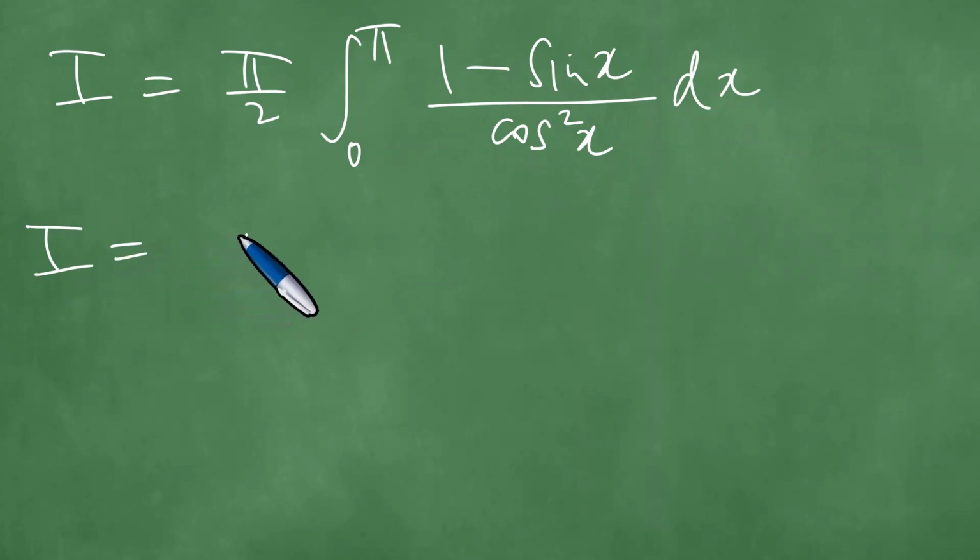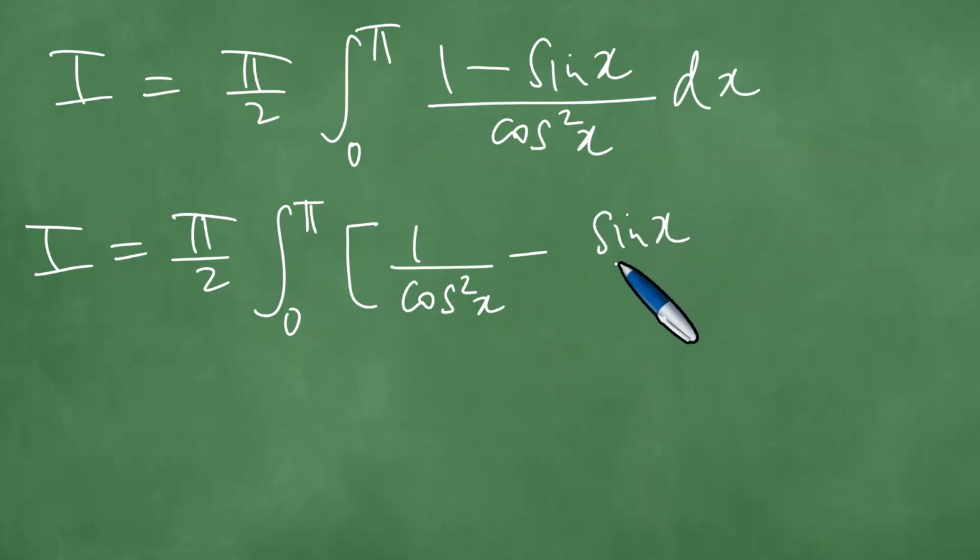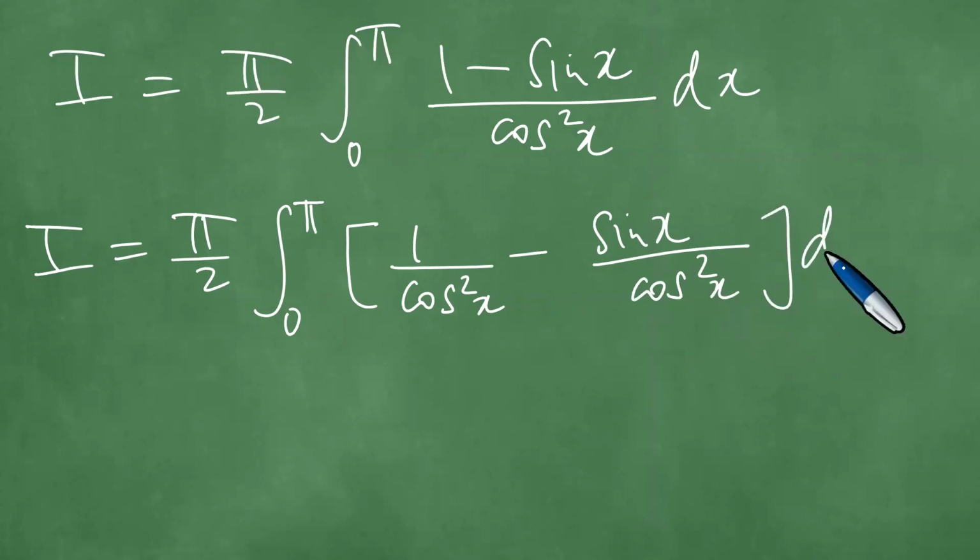Now this is very interesting because we have the integral from 0 to pi. We can write this in the form 1 over cosine squared x minus sine x over cosine squared x dx.